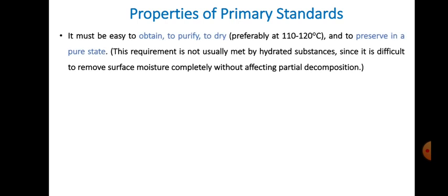The first property is that the primary standard must be easy to obtain. Okay, so we can easily get those substances, they are the preferred ones, right? If it is very difficult to obtain or synthesize, then we cannot consider this as a primary standard. So it is easy to obtain, easy to purify, and it should be easy to dry, because the primary standards are stored.